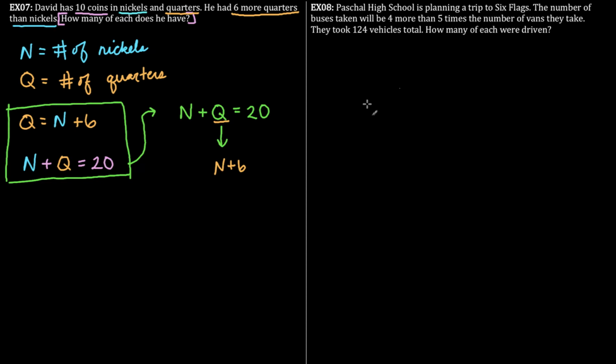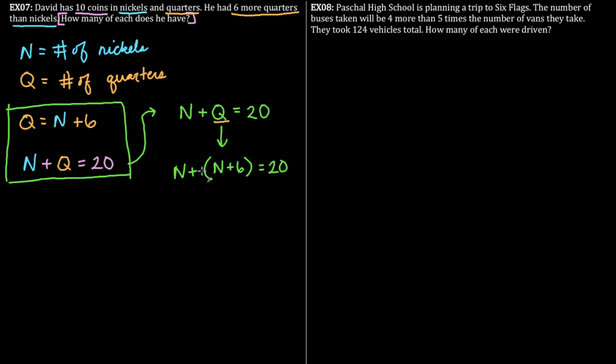I'm just trying to make sure the colors make sense. I'll leave this in green also. N plus 6. So I get N plus N plus 6, and I get the total.